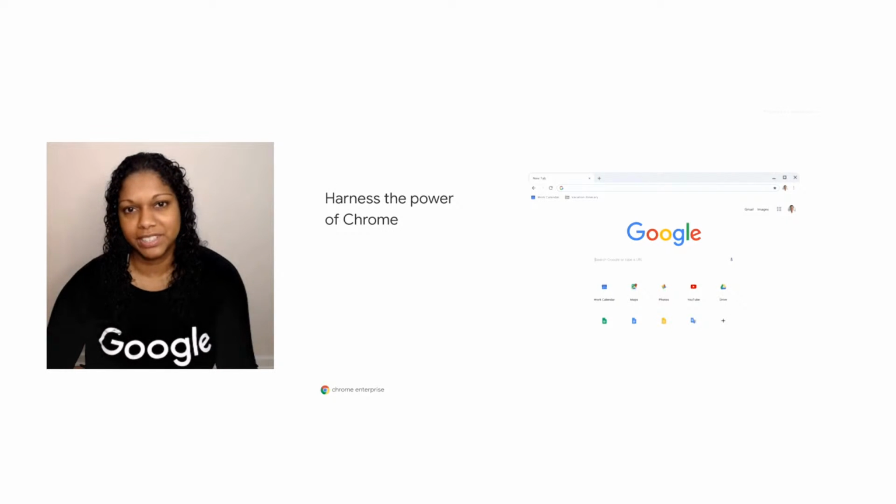Some of those benefits are centralized browser management, enabling your end users, and securing the extensions used in your enterprise. Next, we'll go over the features that your organization should be using to ensure you're harnessing the full power of Chrome.